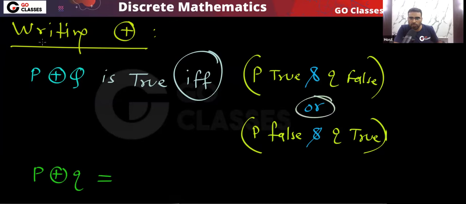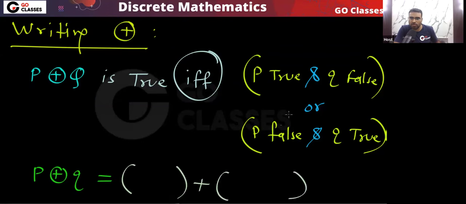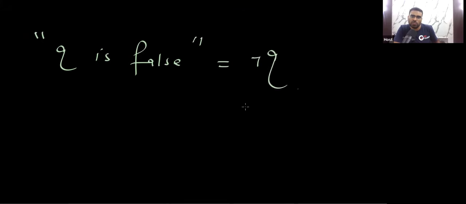Notice, OR means OR. This is your OR. Here there is AND: P true, Q false. How to write Q false? In the last lecture, I told you, if you want to write Q is false, that is negation Q. Agree?